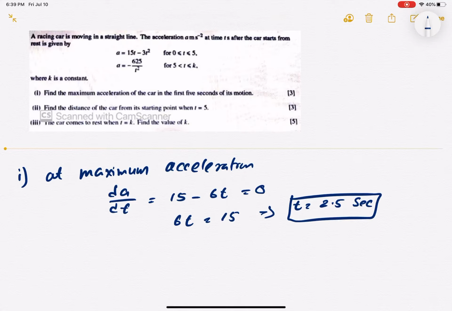To make sure of that, I would like to take the acceleration function, which is 15t minus 3t square. So a equals 15t minus 3t square.